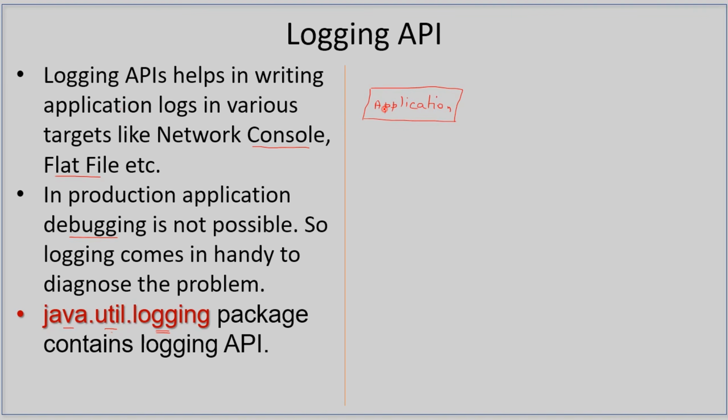Let's say there is an application which produces a log message. Through the logger, the log message will be sent to the handler. Handler we will learn later. For now, you can say there's a component called handler.